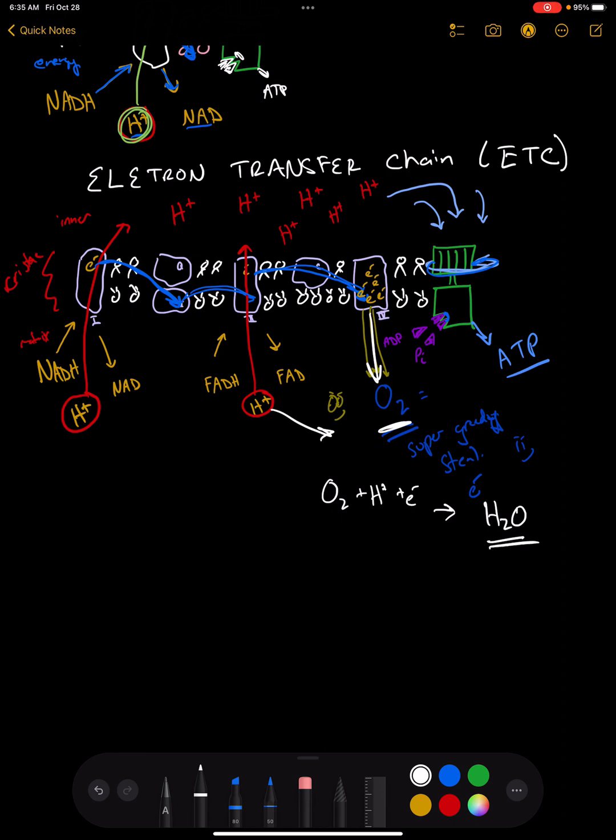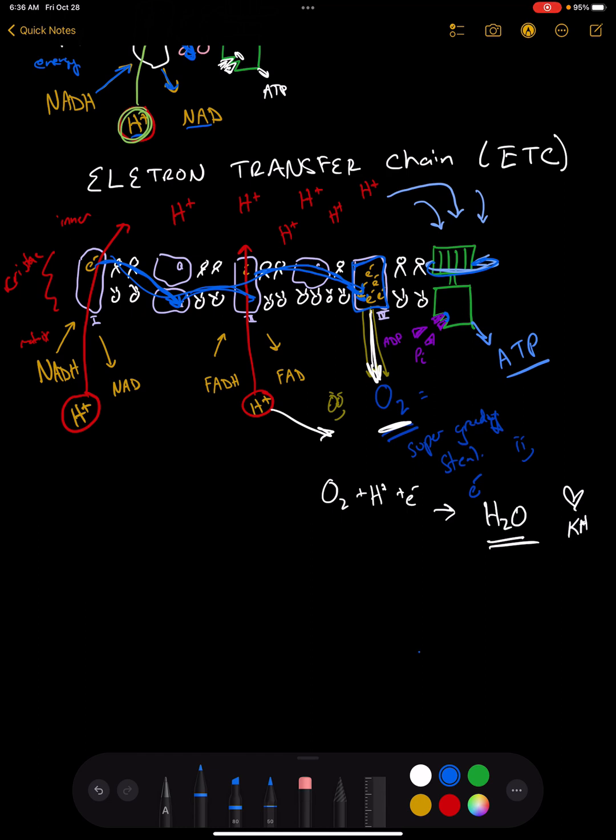That's why whenever you breathe out onto glass and you see condensation, and you draw little hearts or your initials, whatever the case is, that water is coming from this reaction, from oxygen taking electrons out of this electron transport chain and creating water. That way, this very last protein pump stays empty, so the electrons can fall from high to low.